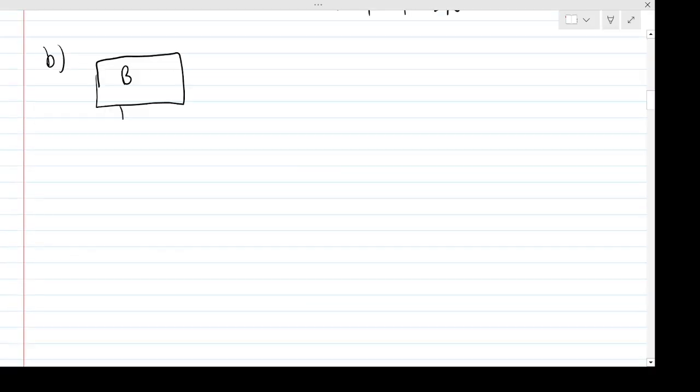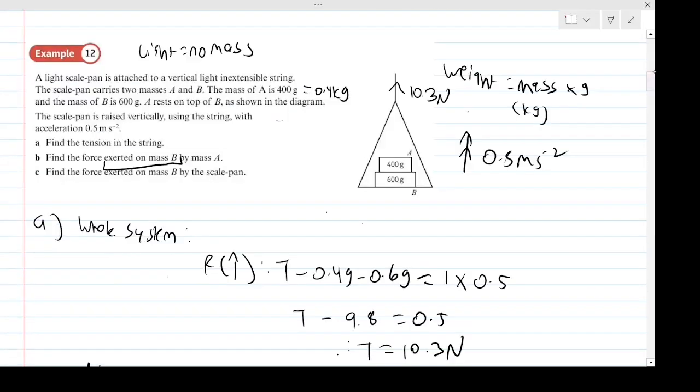That's going to be 0.6 lots of G. But there are going to be more forces if we consider B on its own. Due to Newton's third law, because we've got two objects here in contact, as a result of them being in contact, they create an equal but opposite force.